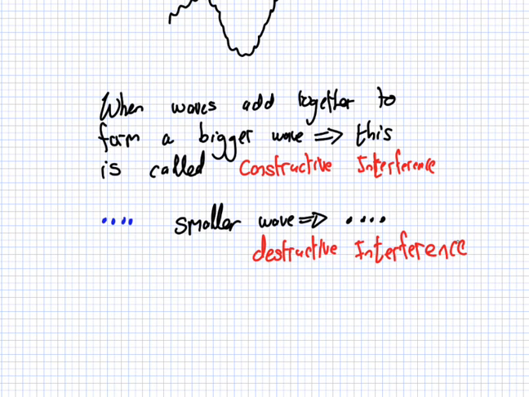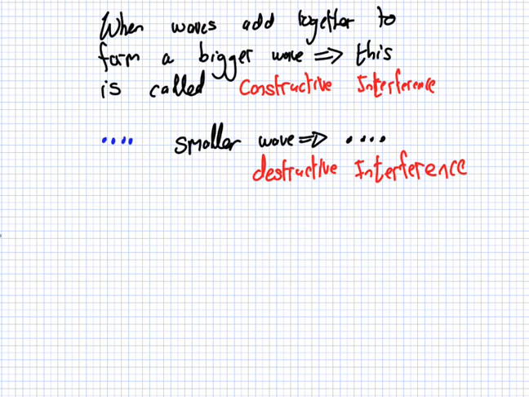So the question now is, what do we need for the waves to come together and be constructive, and what do we need for the waves to come together and be destructive? So tell me, what is the difference between these two waves?